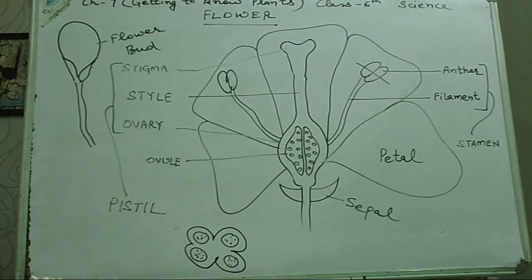And these structures vary in a variety of flowers, as we studied earlier about the seed and the leaves. Similarly, flowers also differ in size and structure, and sometimes the flower is like a bell, and this bell-like flower is present in pea.